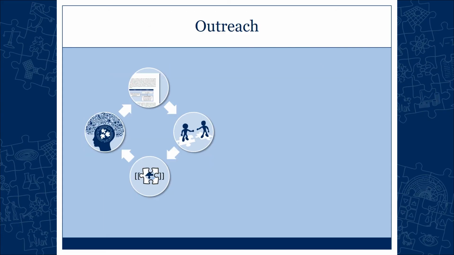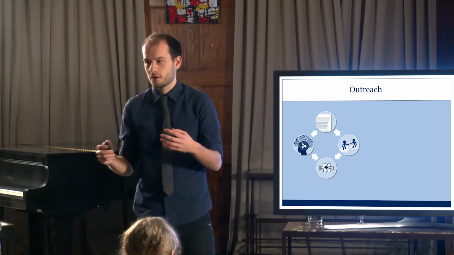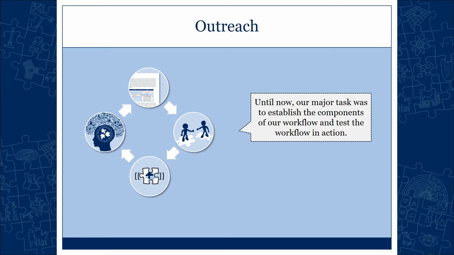Cool. So the final part of my talk, what I want to talk about is our outreach, what we've done and how we want to reach out in the future to our colleagues in both HBS and the scientific community as well. Until now, our main goal has been to do a proof of concept. We want to prove that our workflow actually works.